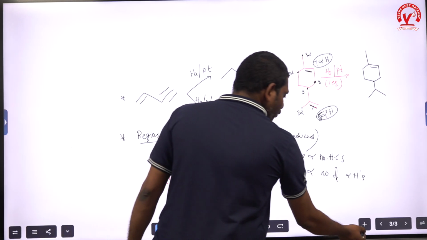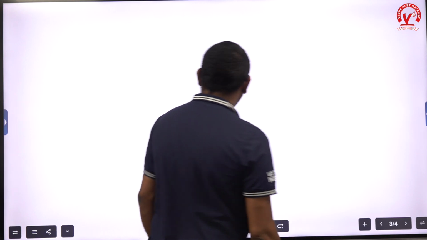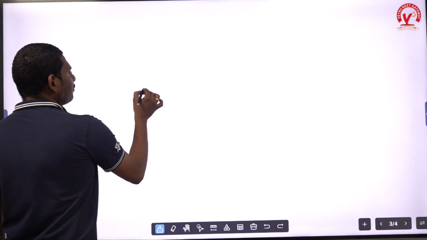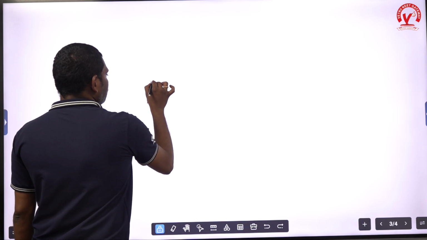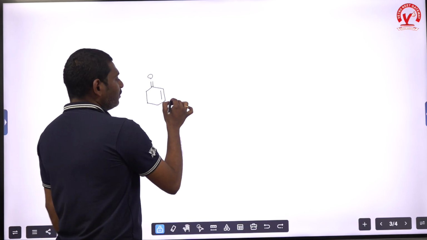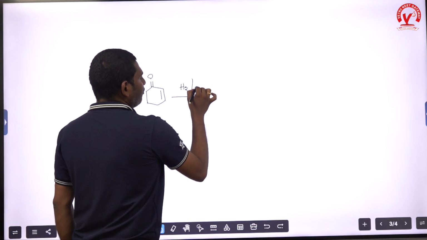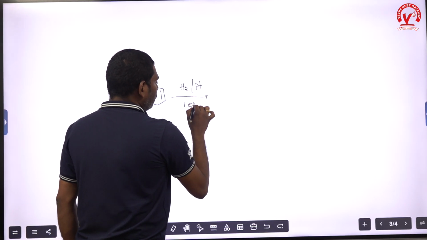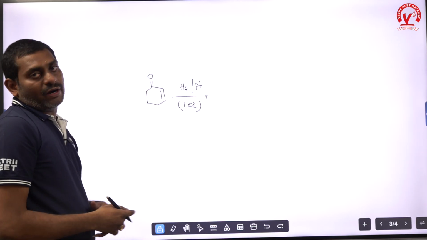If you go to chemoselectivity, suppose a keto group and an alkene group are both there, and hydrogen in presence of platinum at 1 equivalent is given, then will this pi bond break or this pi bond break?